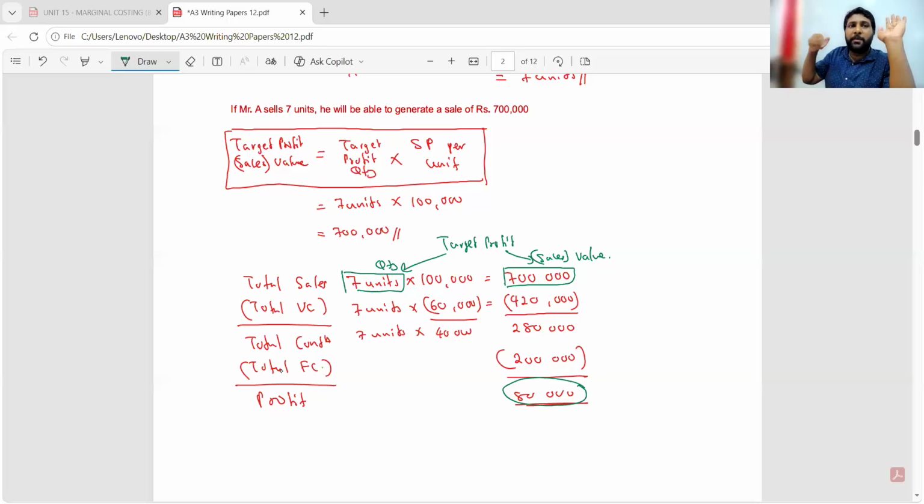Then target profit quantity: total fixed cost plus the target profit divided by the contribution per unit. If you multiply the same by the selling price per unit, you will get the target profit sales value. So these are the learnings that we got up to now.